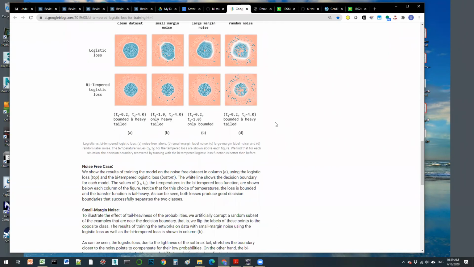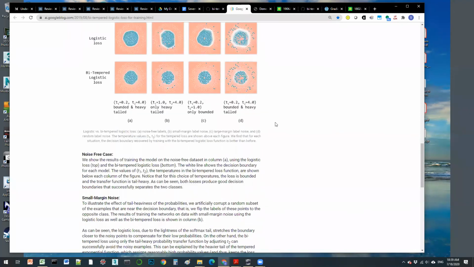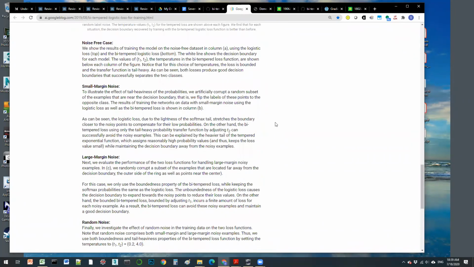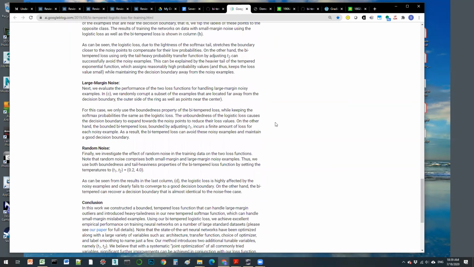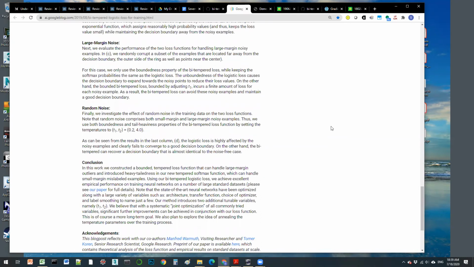And they also, I think, in the paper talk about, instead of logistic loss, which is based on the KL divergence, this one is based, I believe, on a different divergence, and that helps explain the math behind it. And you can look at the full paper. There's a link to the full paper here.